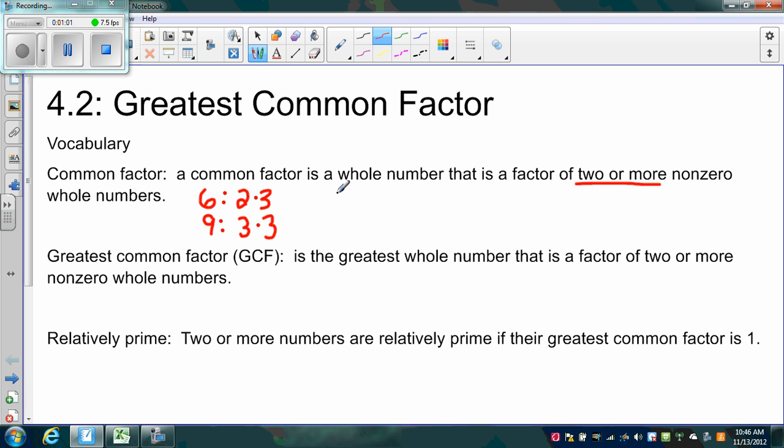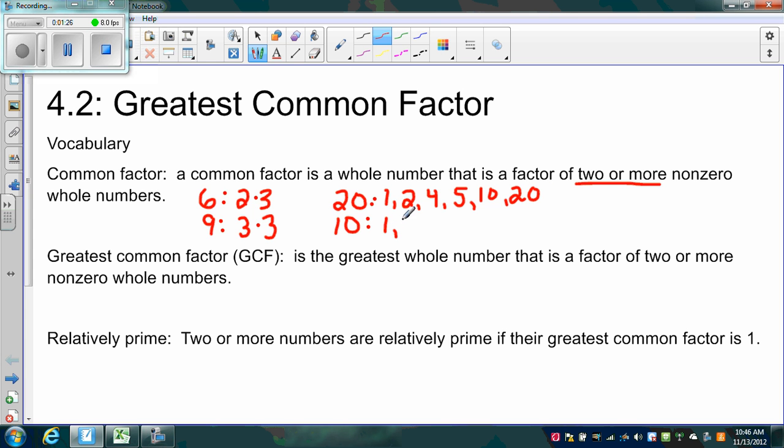So basically what this means, if we had 20 and 10, 20 is going to have 1 as a factor, 2, 4, 5, 10, and 20 are all factors of 20.